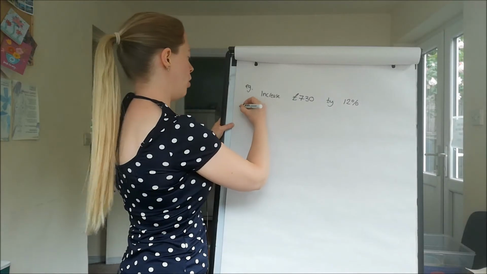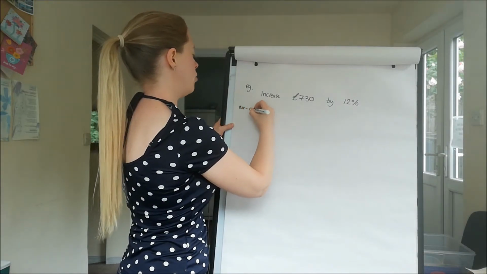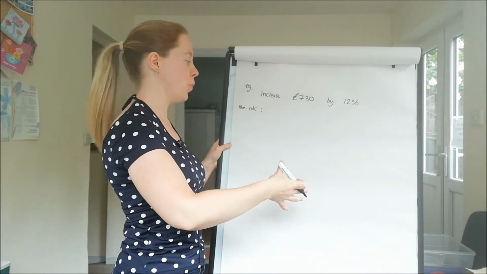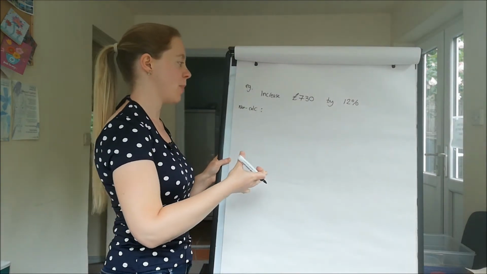And then just put non-calc. So we'll do it first of all without a calculator, and then we'll do the same question with a calculator, so you get to see both methods.